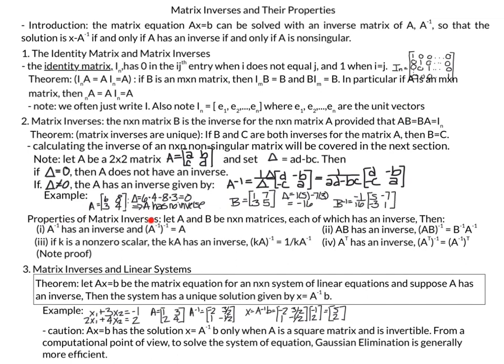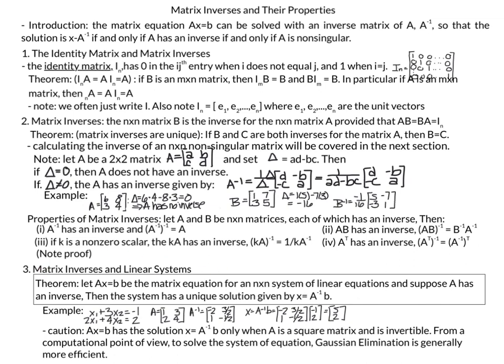We talked about these properties of matrix inverses. In particular, the inverse of A inverse is equal to A, and the inverse of AB is equal to B inverse times A inverse. The inverse of A transpose is equal to A inverse transpose, and the inverse of K times A is equal to 1 over K times A inverse.